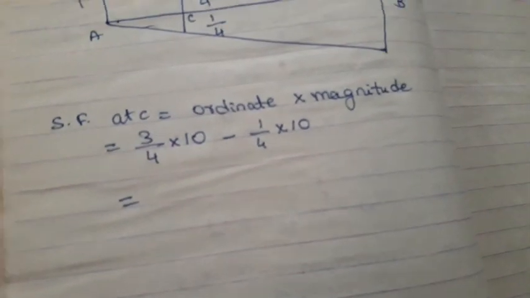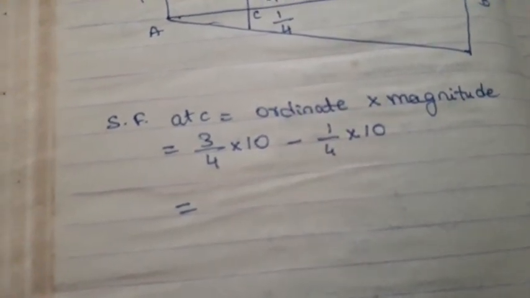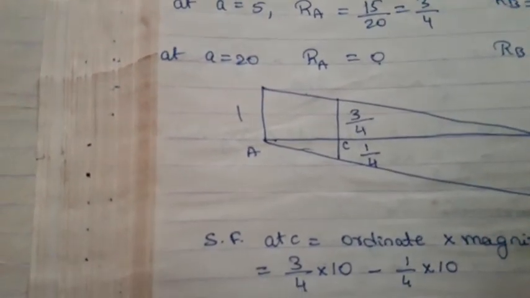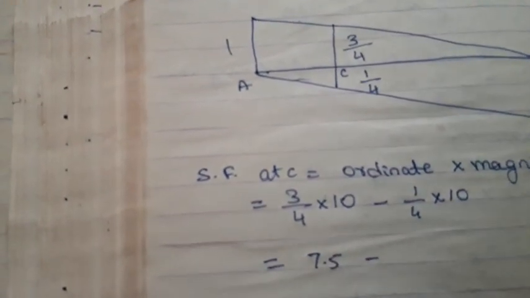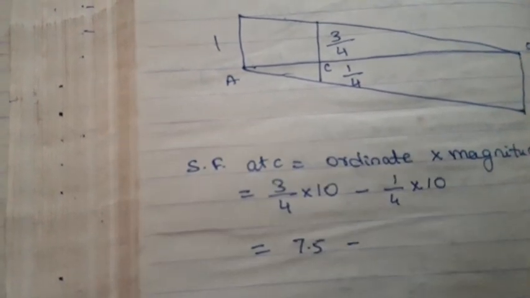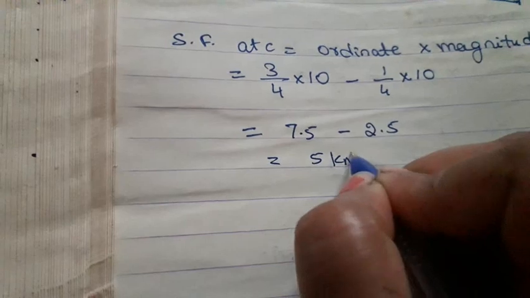So this is what you have to calculate. Let us calculate for that. So we get 5 kilonewton. The shear force at C is 5 kilonewton.